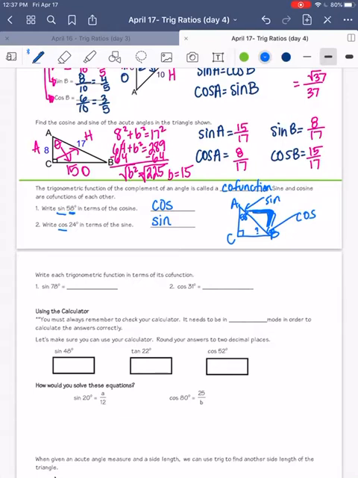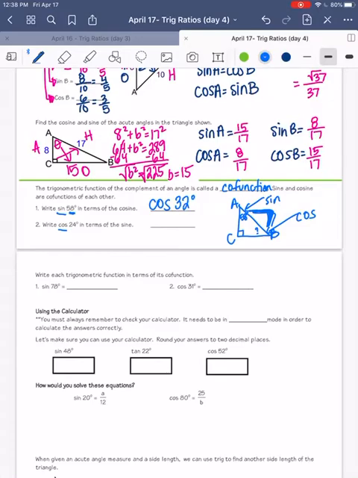Well, it's always 90. So you're just going to do 90 minus 58. But we can actually do that, right? So I'm not even going to leave it that way. Sorry. All right, so we're going to actually write it. So it's going to be cosine, and 90 minus 58 gives me 32.